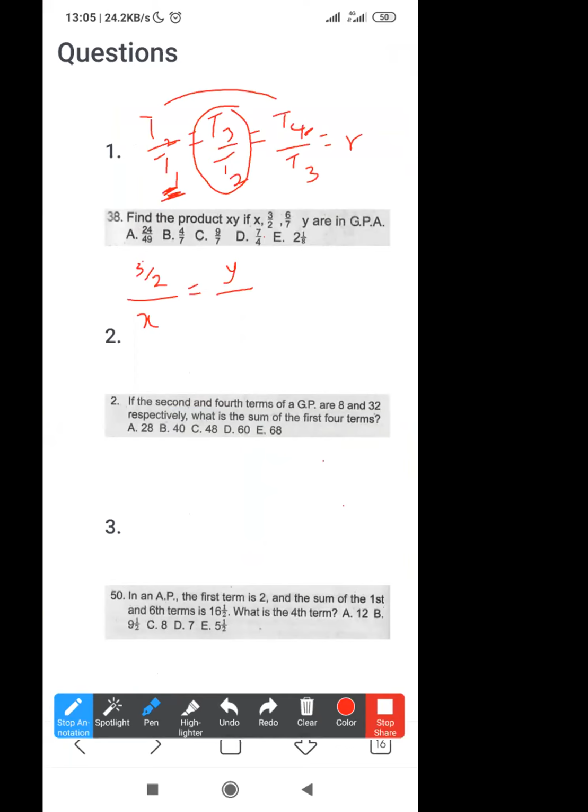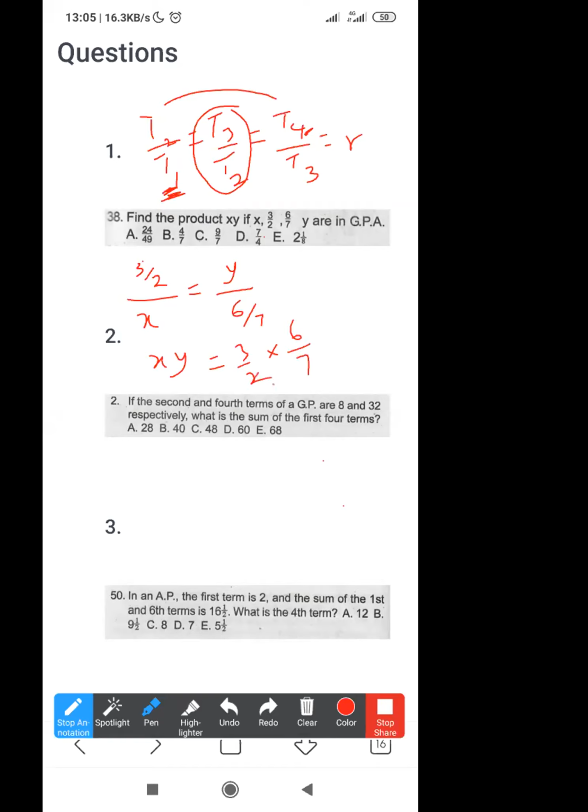They have given me T3 as 6/7. I will cross multiply. If I cross multiply, I'm going to have XY is equal to this times this. That will be 3/2 times 6/7.